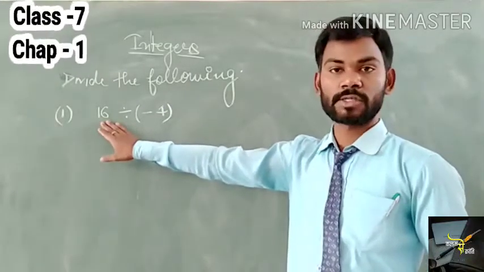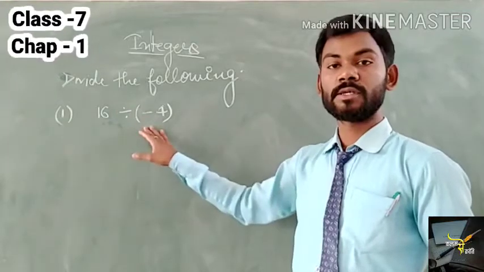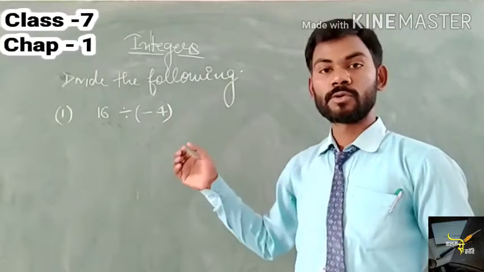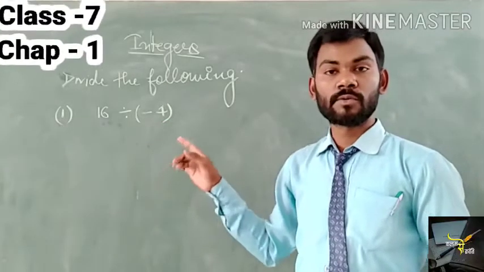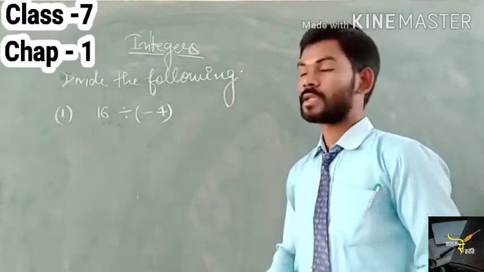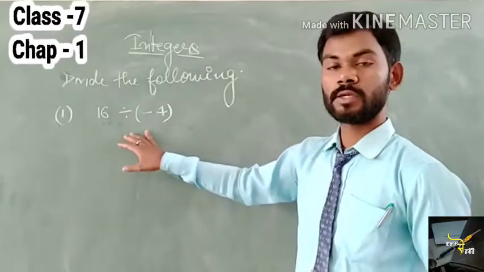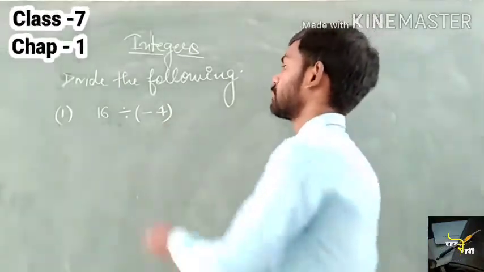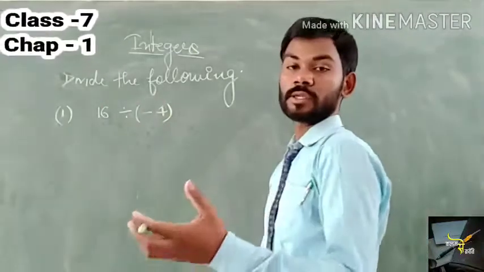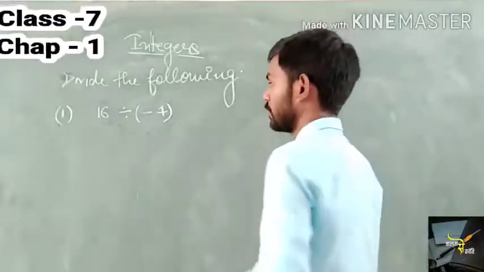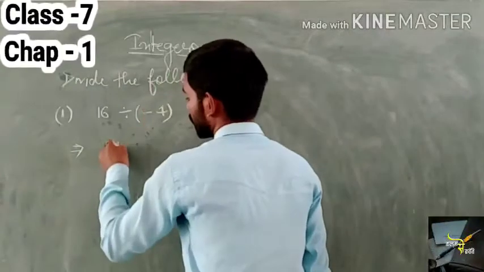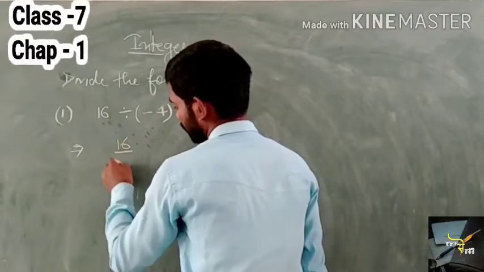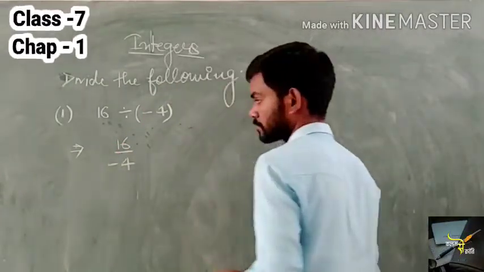The dividend is positive and the divisor is negative. So when we divide, the quotient will be negative. You can directly divide it, or you can write this division in fractional form, as 16 upon minus 4.